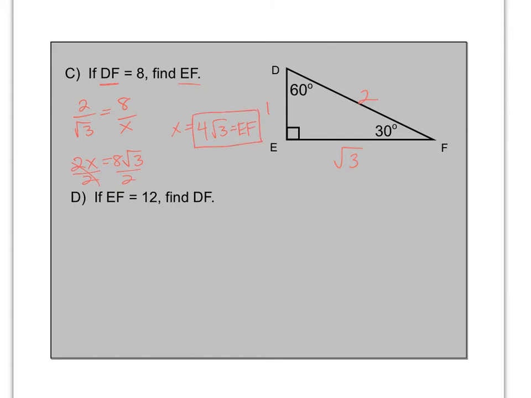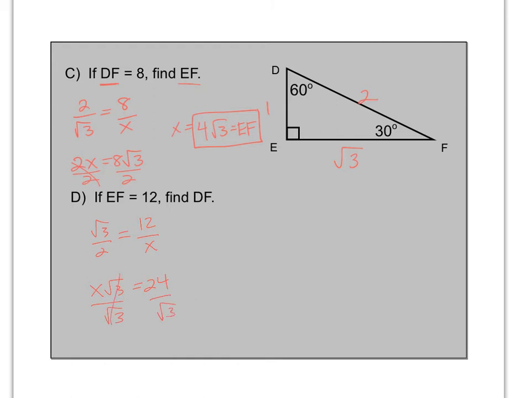Why don't you go ahead and pause the video and try part D. So our ratio of EF to DF is root 3 to 2, and then we have 12 over x. Cross multiply, we get x root 3 equals 24. Divide by root 3.